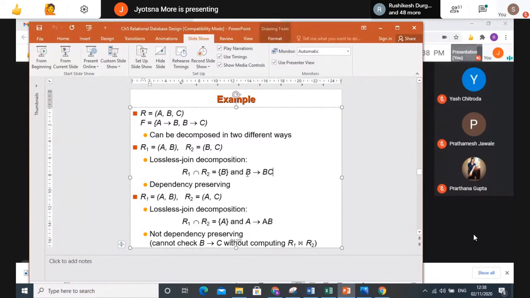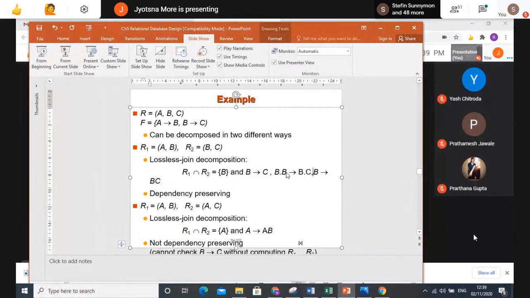Okay, I will just write for you people. If I am taking B determines C, after that I will augment both sides with B. So I will get B augmented with B determines B augmented with C, right?